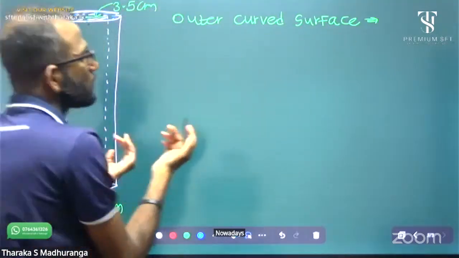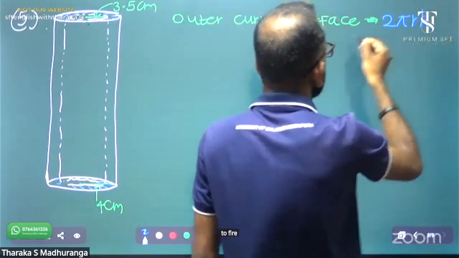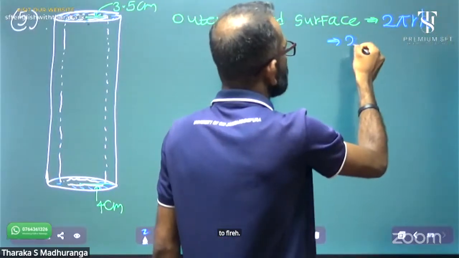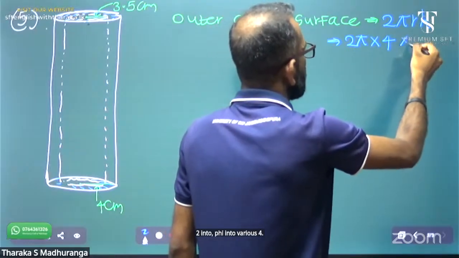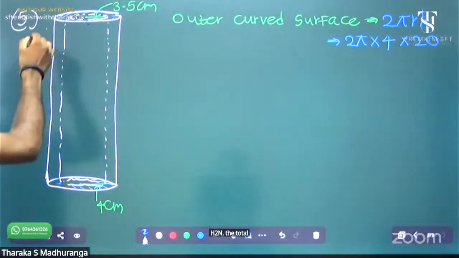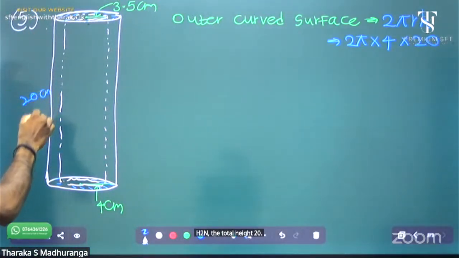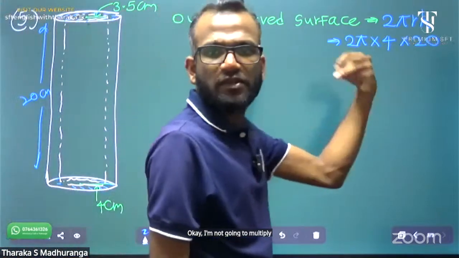Now it is a cylinder, so 2πrh. 2 into π into radius 4, h is 20, total height 20. Okay, I'm not going to multiply π because it will be complicated.